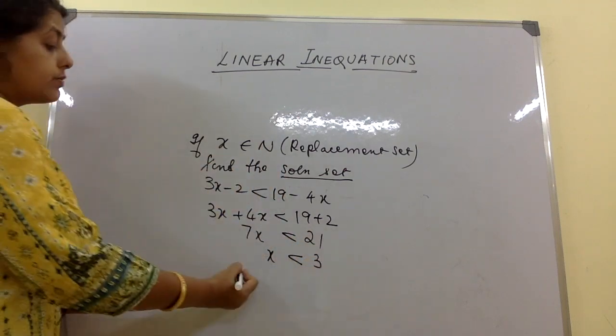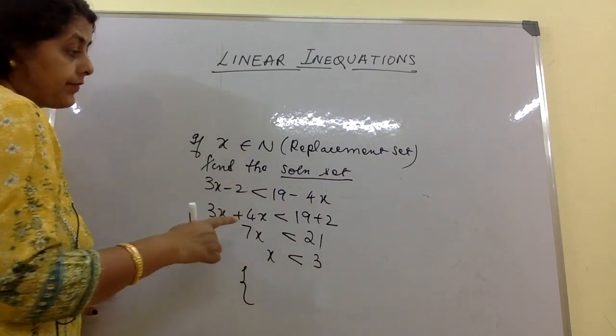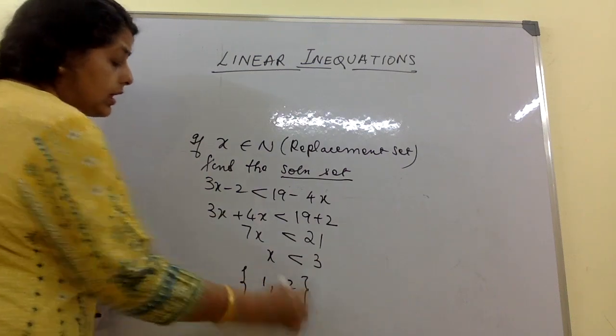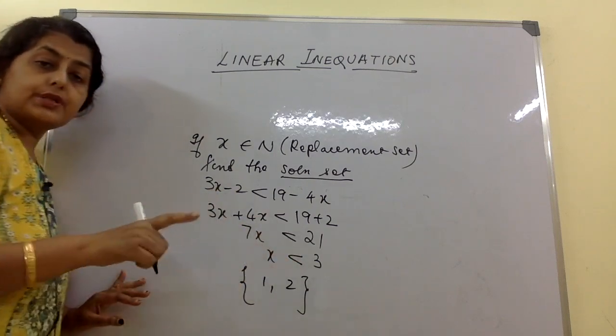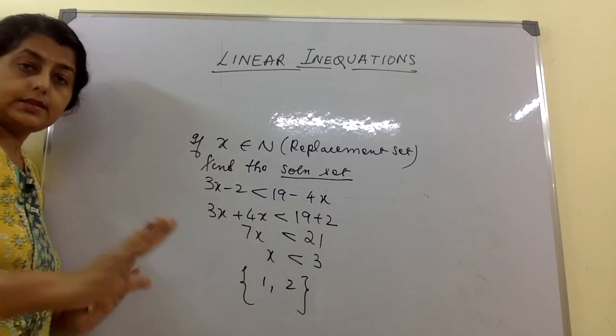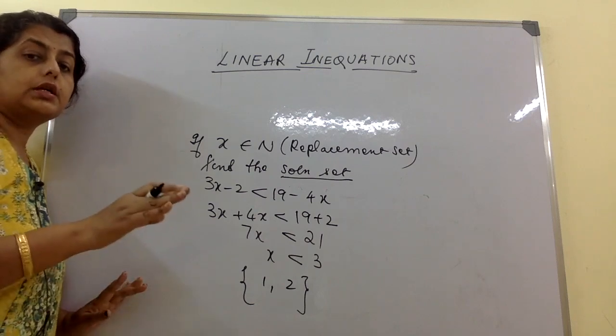And so what is my solution set? My solution set is x less than 3, so 1 and 2. I can't even take 3 because they don't have the less than or equal to sign. Hence 1 comma 2 is my answer. So 1 comma 2 is my solution set.